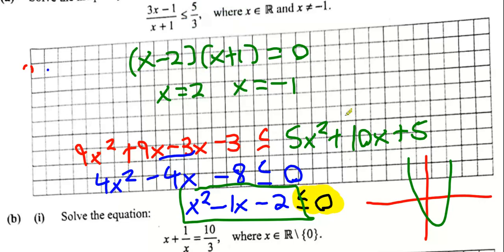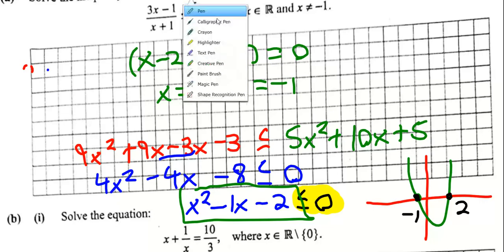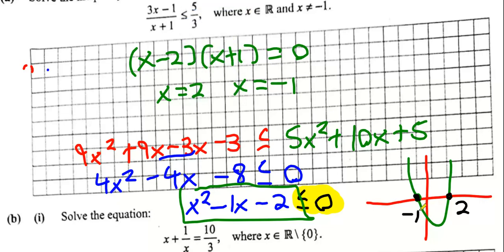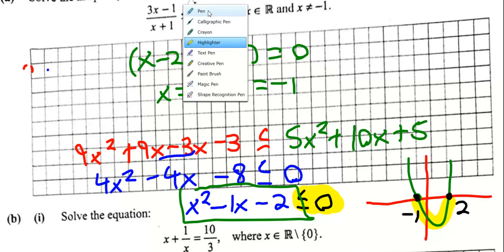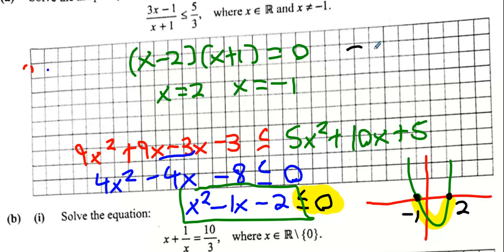So we set the intercepts. What are the two intercepts we just found? Minus 1 and 2. Am I shading above the axis or below the axis? So does everybody say in between minus 1 and 2? Okay. So that means minus 1 less than or equal to x less than or equal to 2.